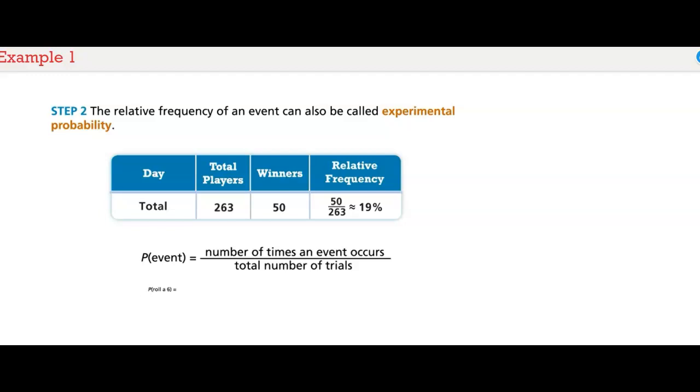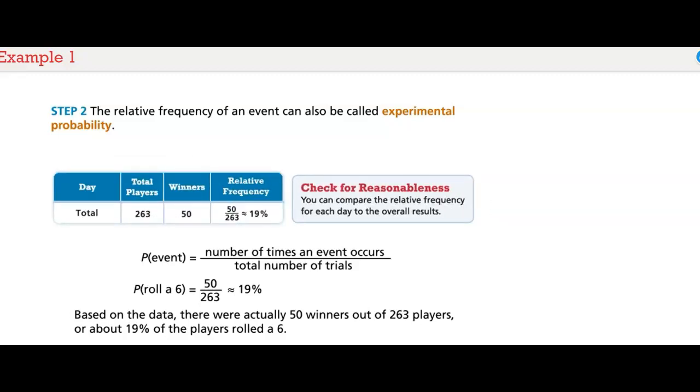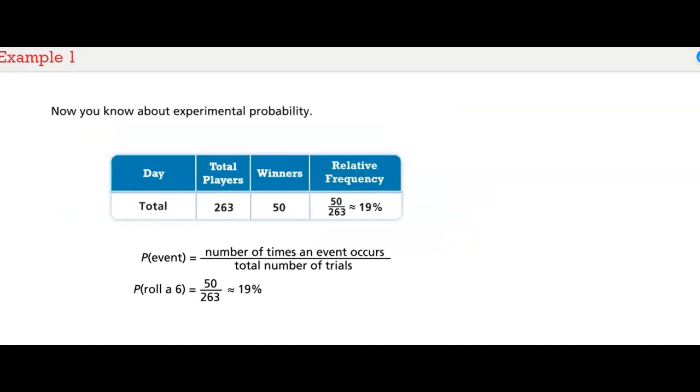The experimental probability of rolling a 6 on the number cube is equal to 50 divided by 263, which is about 19%. Based on the data, there were actually 50 winners out of 263 players, or about 19% of the players rolled a 6. You can compare the relative frequency for each day to the overall totals. Now you know about experimental probability.